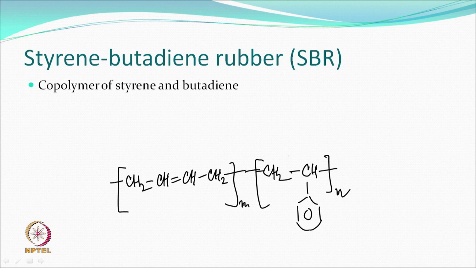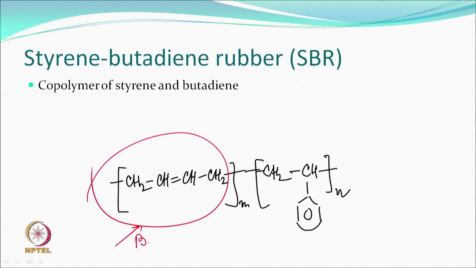is SBR, styrene-butadiene rubber. So, butadiene is something which we know already. This is the butadiene which was there, but now if you use styrene, so this part is like a butyl rubber, made from butadiene. You know what is styrene?